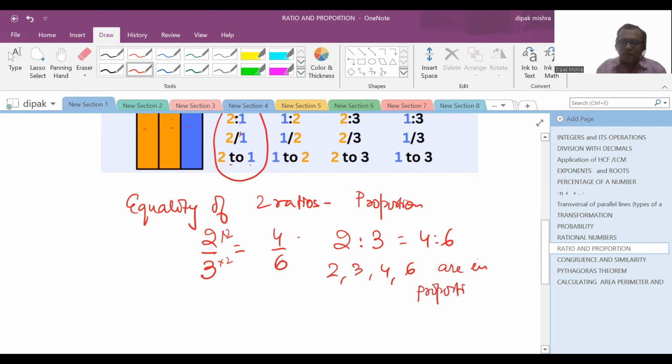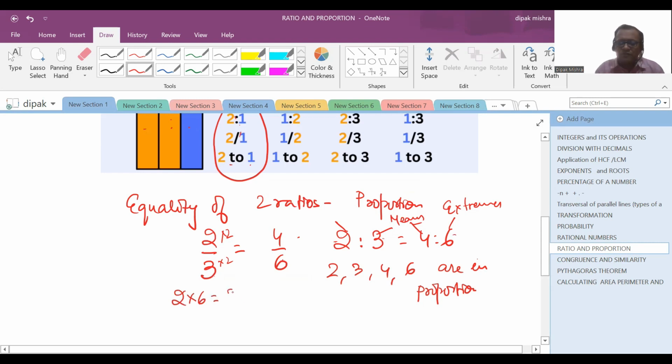Now, if these are the four terms in proportion, the outer two are known as extremes, and these two terms are known as means. Notice here that the product of 2 times 6 is the same as the product of 3 times 4.